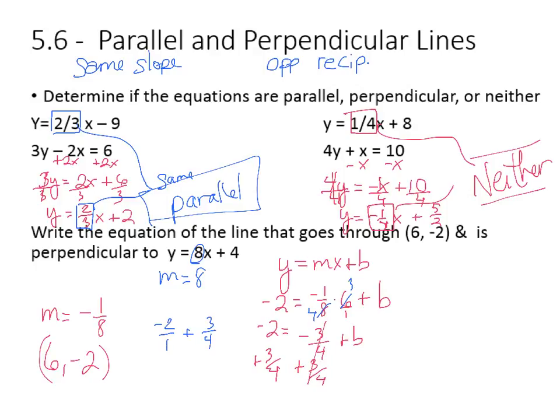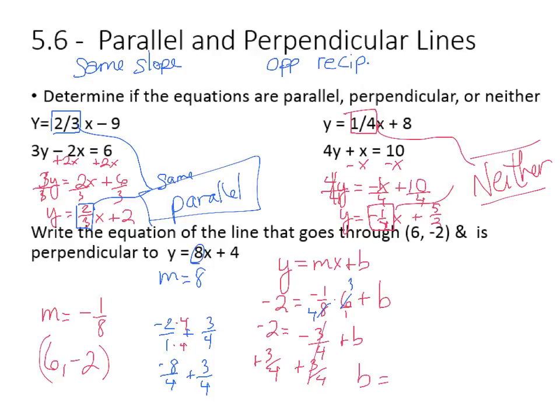I need a common denominator. Looks like I need to take this times 4 and 4 so that it'll end up being a negative 8/4 plus 3/4. Now we have a common denominator. What is negative 8/4 plus 3/4? Negative 5/4.